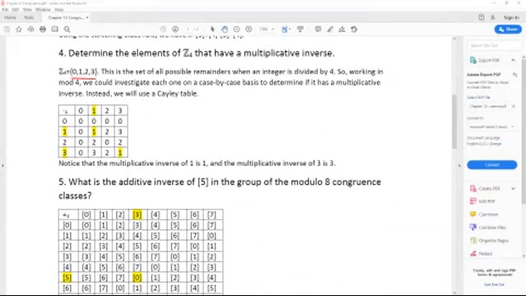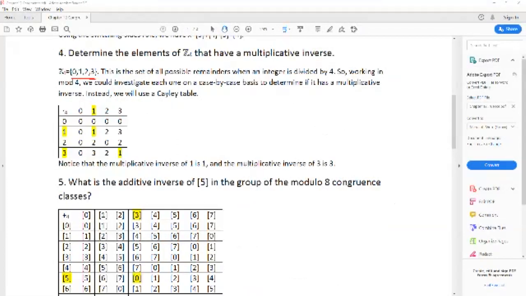If you divide any integer by 4, the possible remainders will be 0, 1, 2, or 3. And since we are looking for a multiplicative inverse, we know that the operation is multiplication, and the identity element under multiplication is 1. So what elements have a multiplicative inverse in Z4?